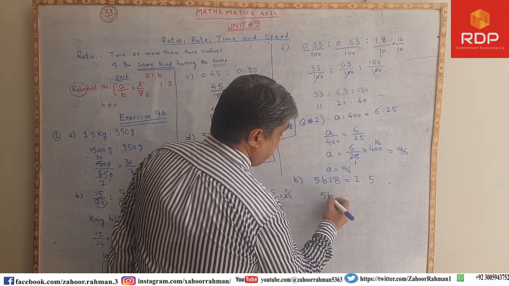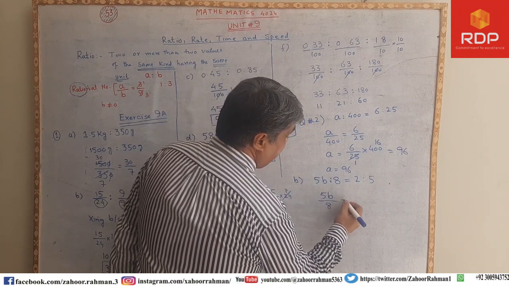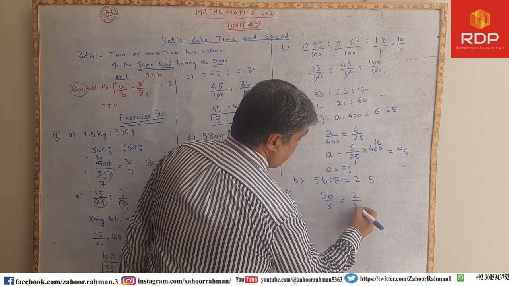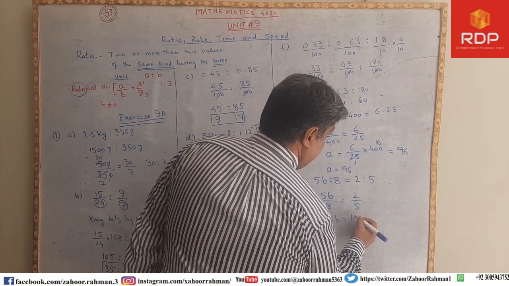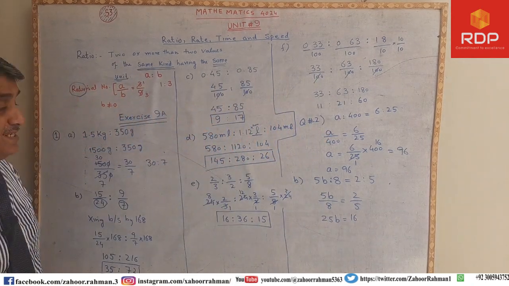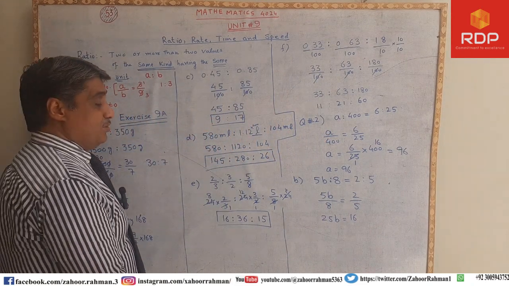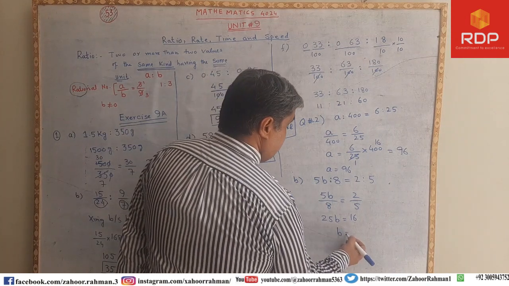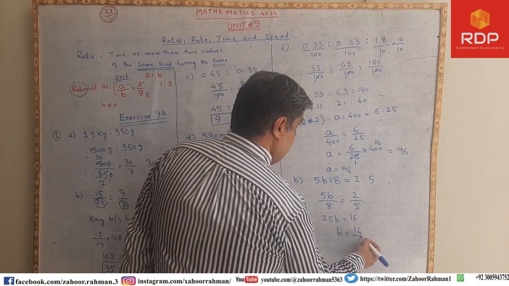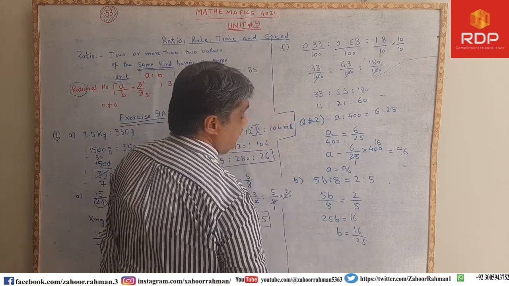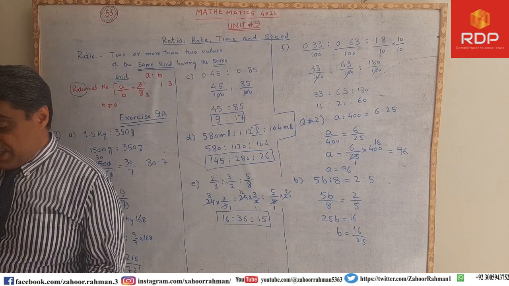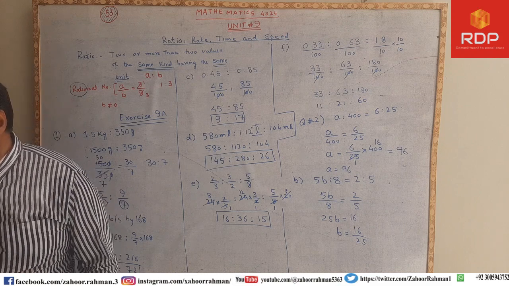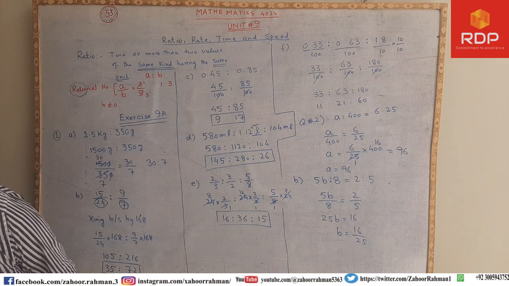So 5B divided by 8 is equal to 2 divided by 5. From cross multiplication that will be like this. So B is equal to 16 divided by 25. Yes, the value of this is 16 divided by 25.